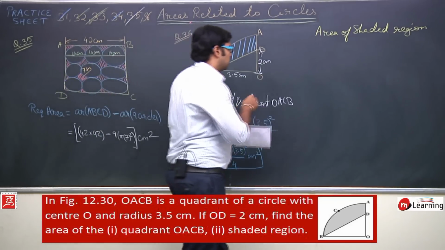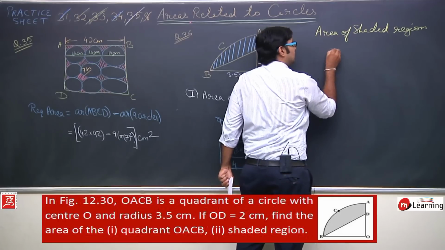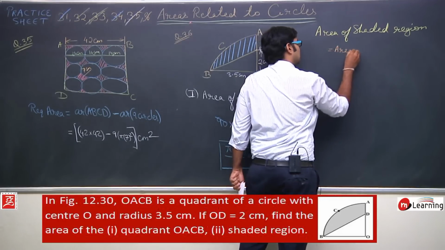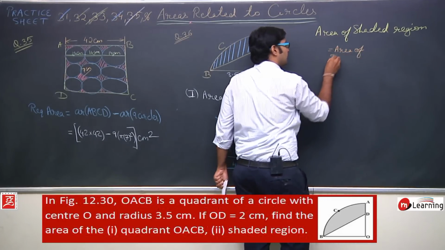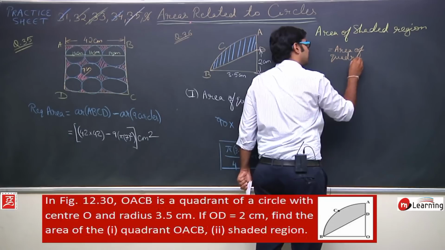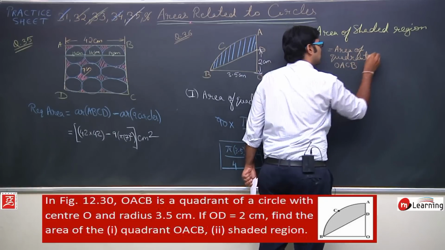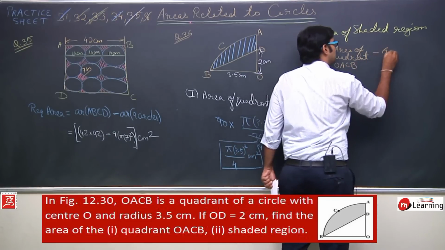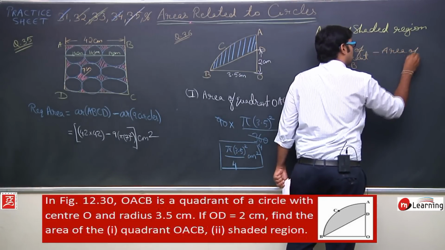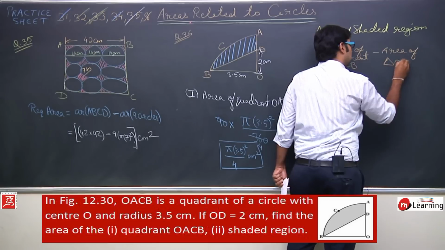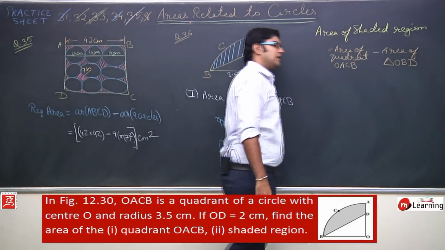So the area of the shaded region is equal to the area of quadrant OACB minus the area of triangle OBD.